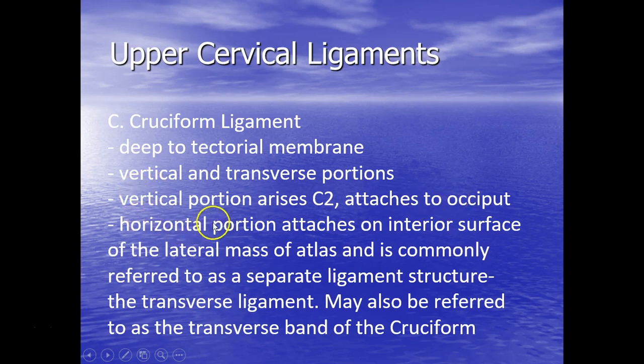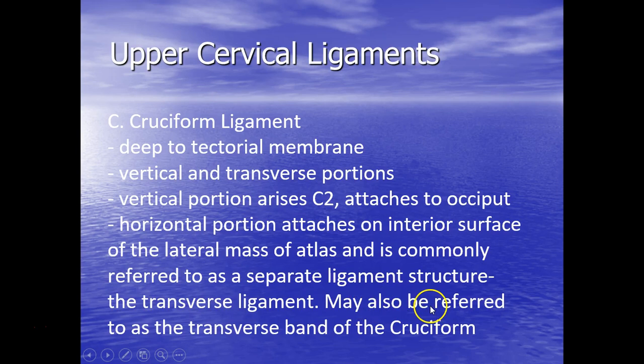The horizontal portion, which is the much stronger, more robust part of the ligament, runs from the inner surface of the lateral mass to the inner surface of the lateral mass on the other side, and this is what is commonly referred to as a separate ligament structure, the transverse ligament.